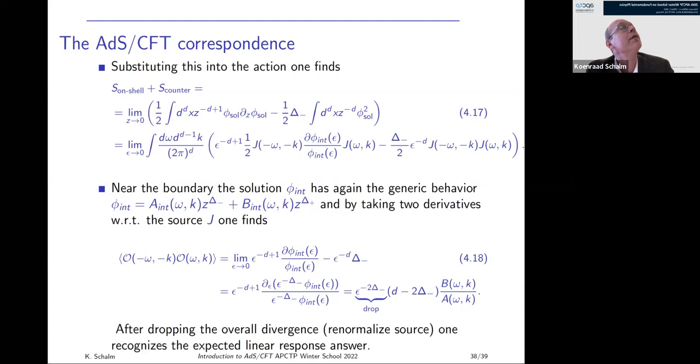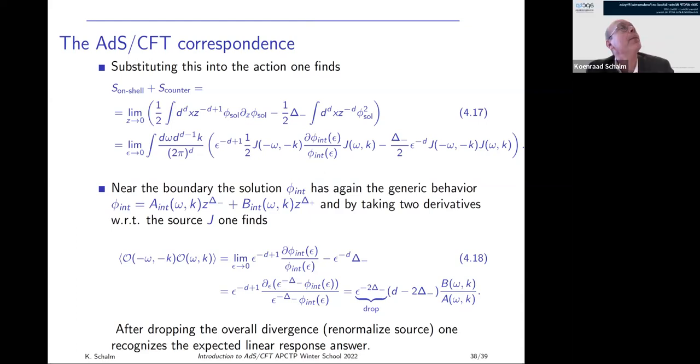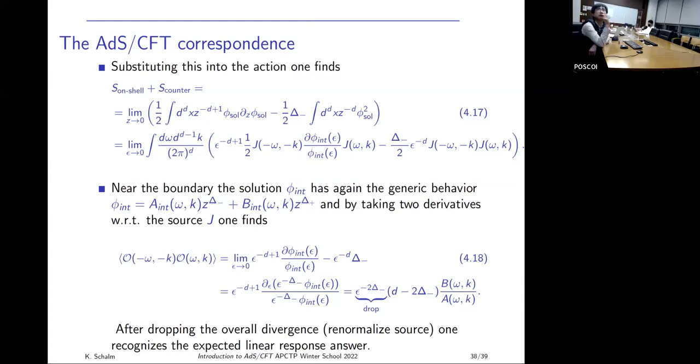I guess the near-boundary behavior is completely determined by the quadratic part of the scalar field, but the IR behavior should depend on higher terms if you consider a series expansion of the scalar potential.